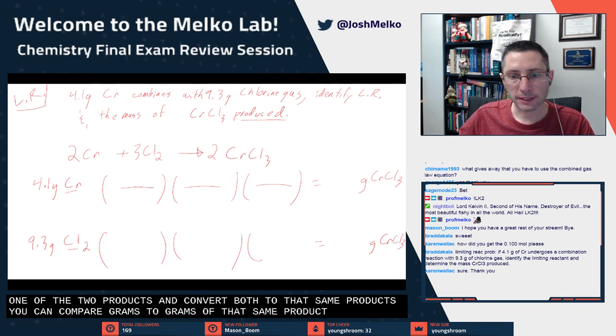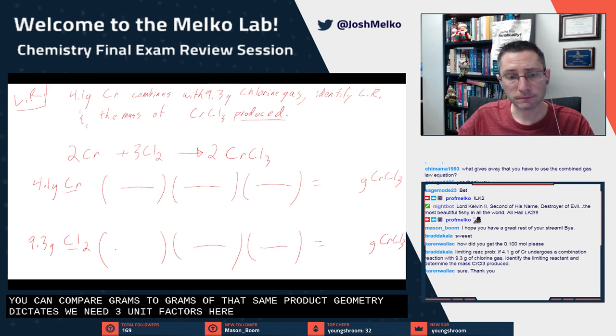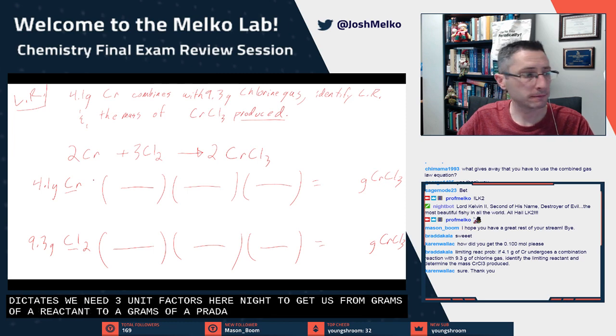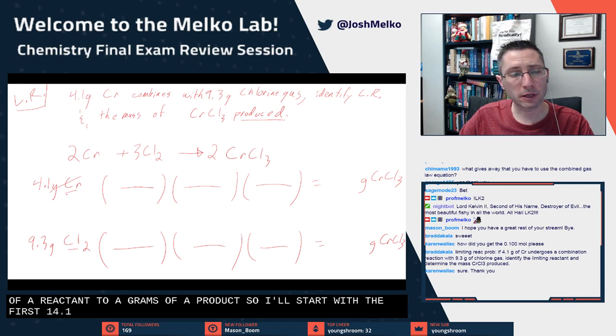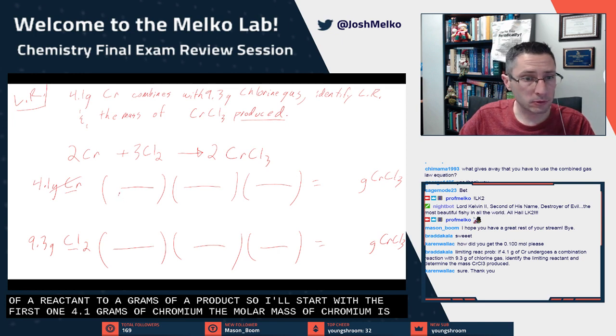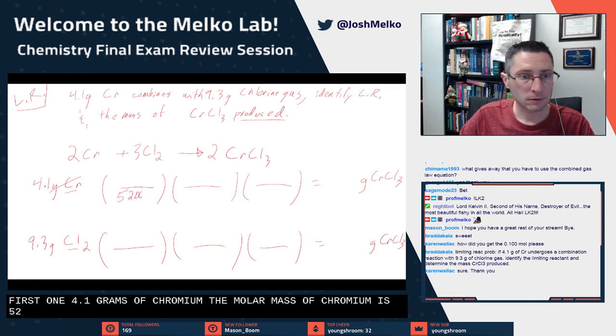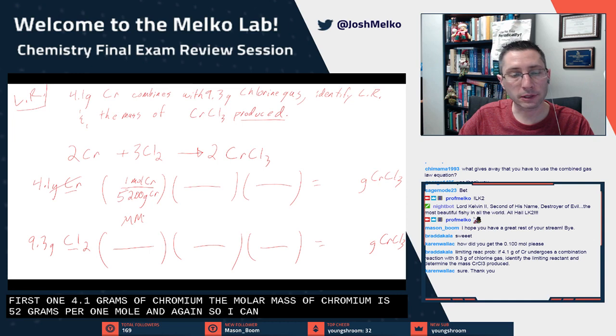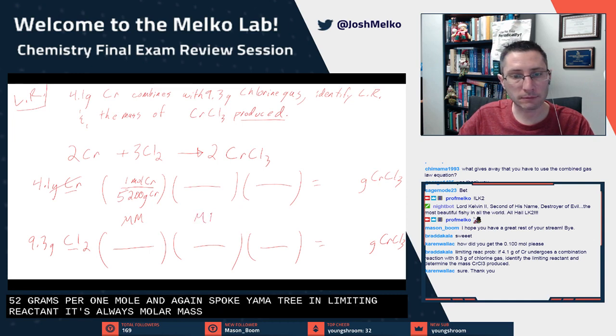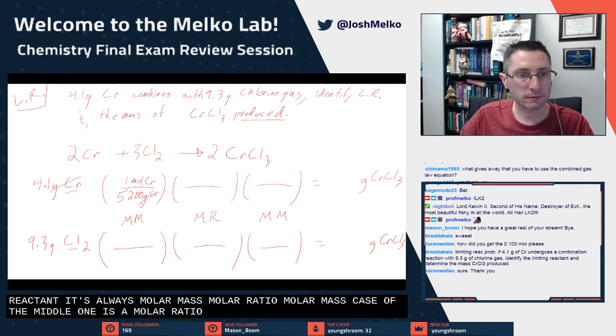Stoichiometry dictates we need 3 unit factors here to get us from grams of a reactant to grams of a product. So I'll start with the first one, 4.1 grams of chromium. The molar mass of chromium is 52 grams per 1 mole. And again, stoichiometry and limiting reactant, it's always molar mass, molar ratio, molar mass. The middle one is a molar ratio.